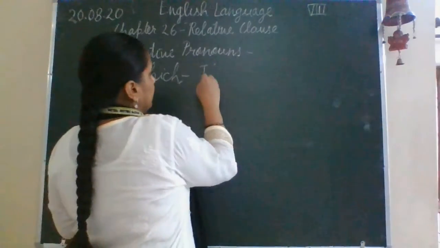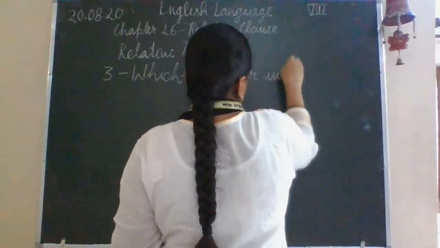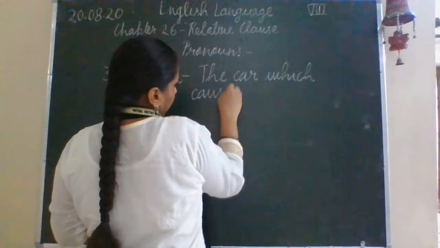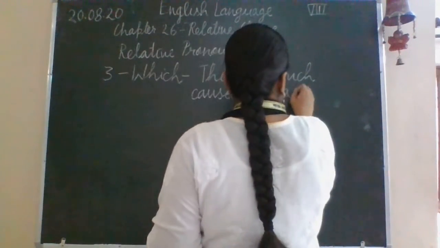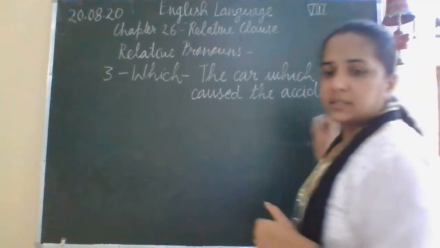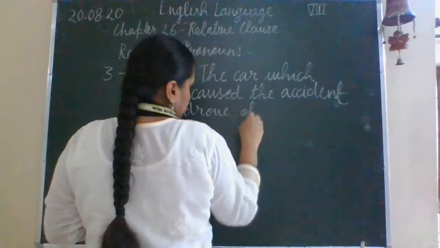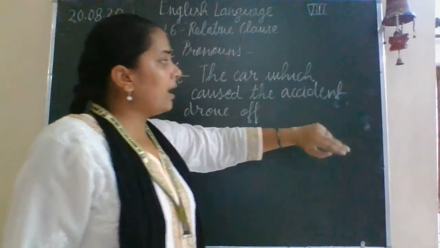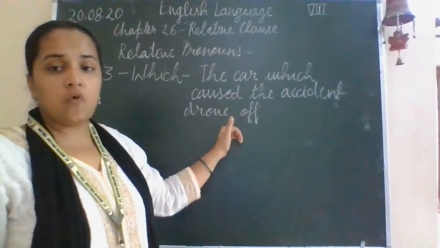For example, the car which caused the accident drove off. Means the car by which the accident took place, that car drove off.